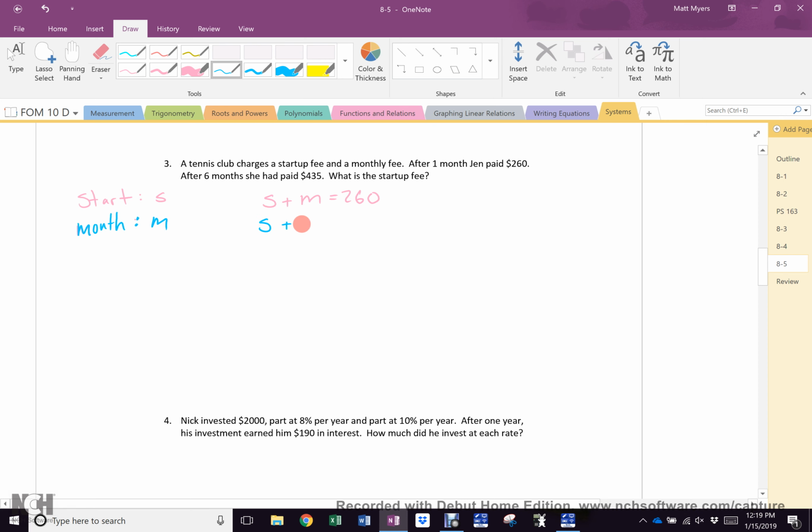How many monthly fees? 6. And how much have I paid in total? 435. What am I set up to do right now? I'm set up to do elimination if I subtract, right?